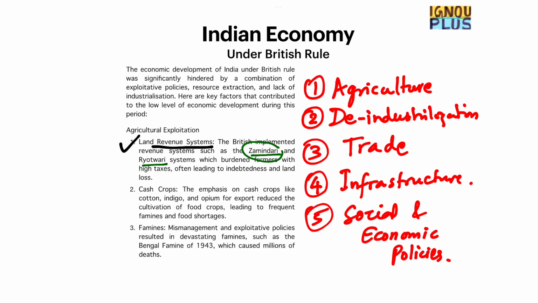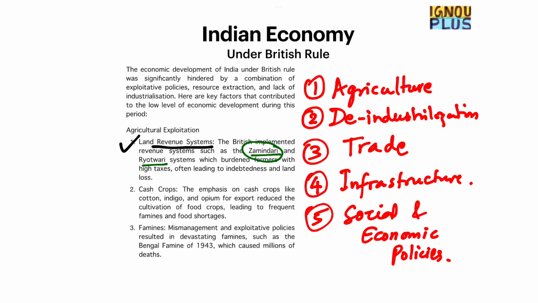In the zamindari system, the British government elected zamindars, and zamindars were the ones who used to collect the tax. A zamindar, in vague terms, you can say the owner of the land, and they used to employ the farmers. When the farmers grew the crops and the harvest came, they used to collect taxes and then pass it to the British government.